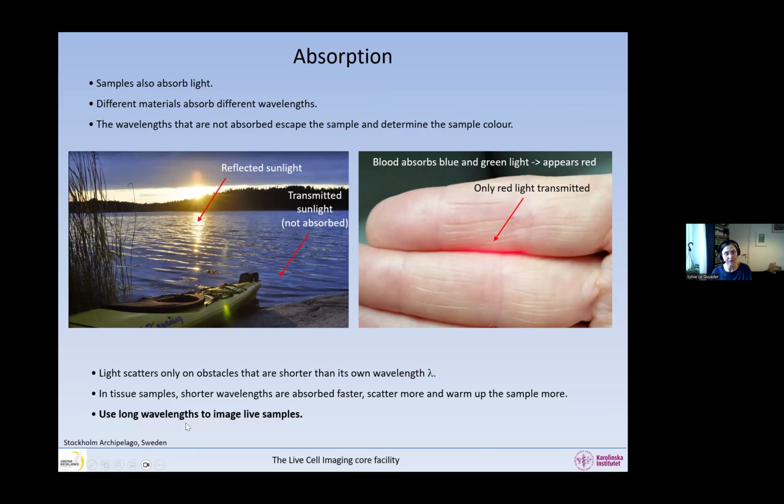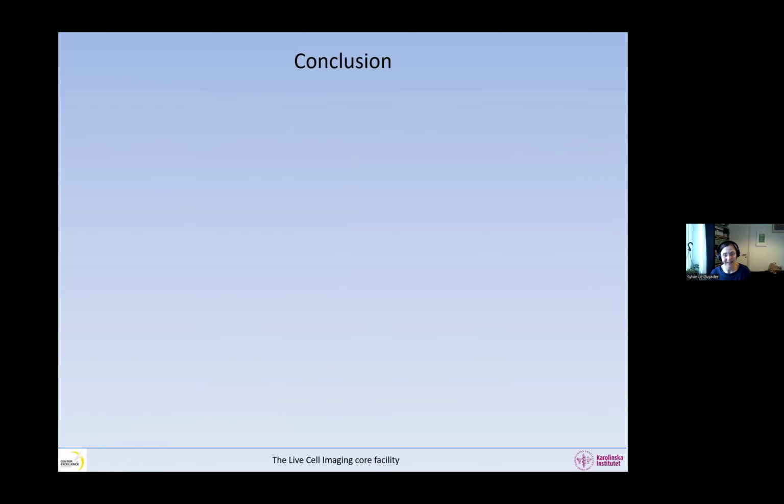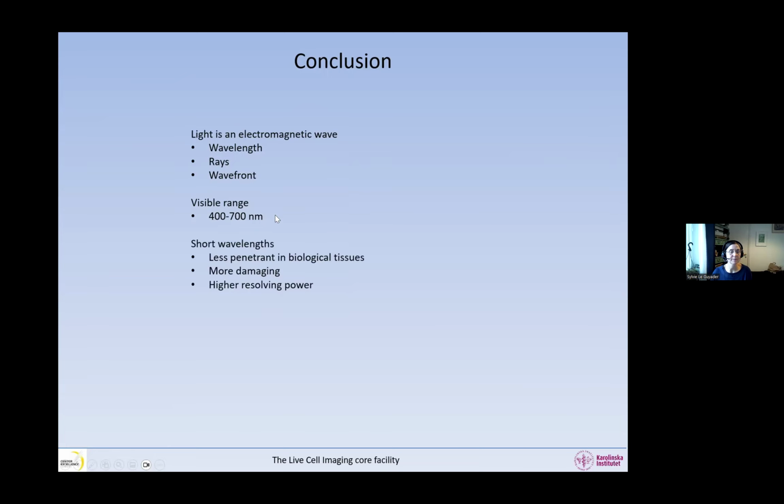All this behavior of light has consequences for us as microscopists. The conclusion from this little lecture is that light is an electromagnetic wave, and we have wavelength. We can represent it as wavelength, rays (ray optics), or wavefront. The visible range of the image that we collect most of the time is between 400 and 700 nanometers.